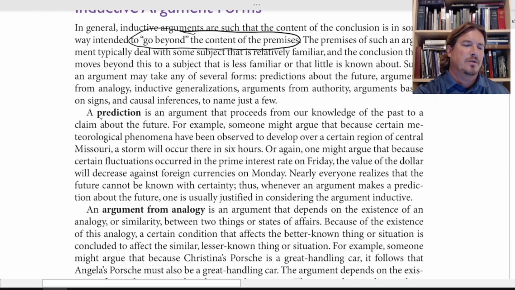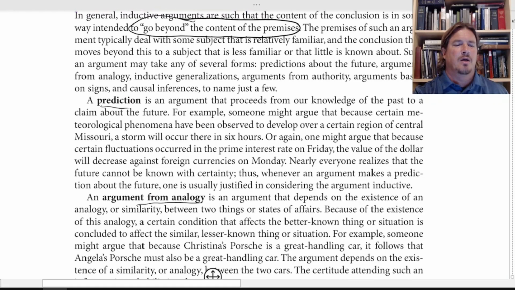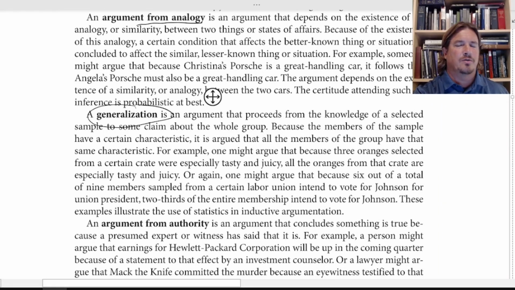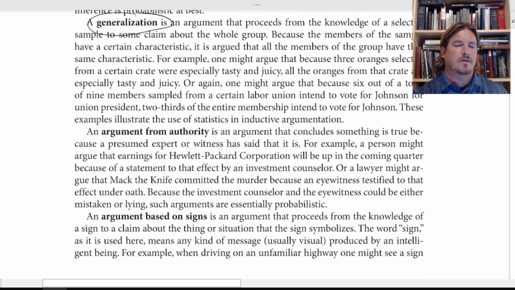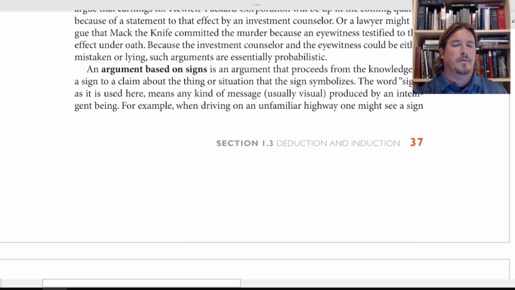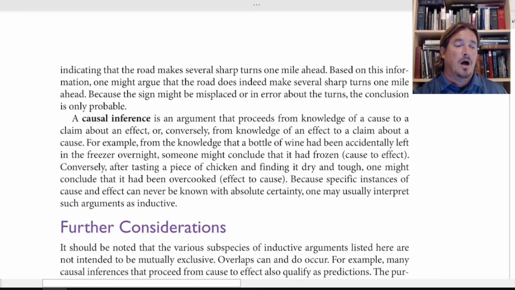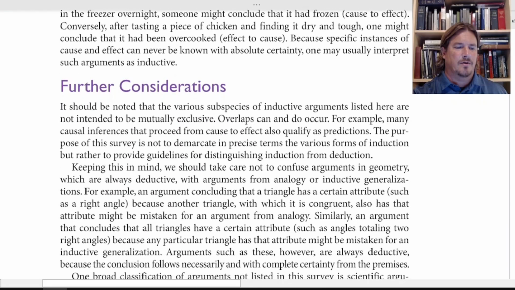So predictions, arguments by analogy, we'll look at some weak analogies later in the semester. Generalizations, we'll look at the hasty generalization fallacy, arguments from authority, arguments based on signs. All of these are going to be causal inferences. All of these are going to be types of inductions. Okay, you can look at the details in the text on those.